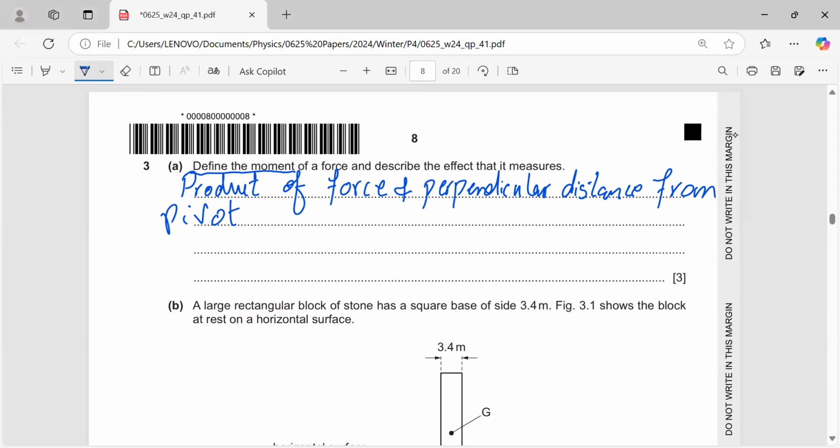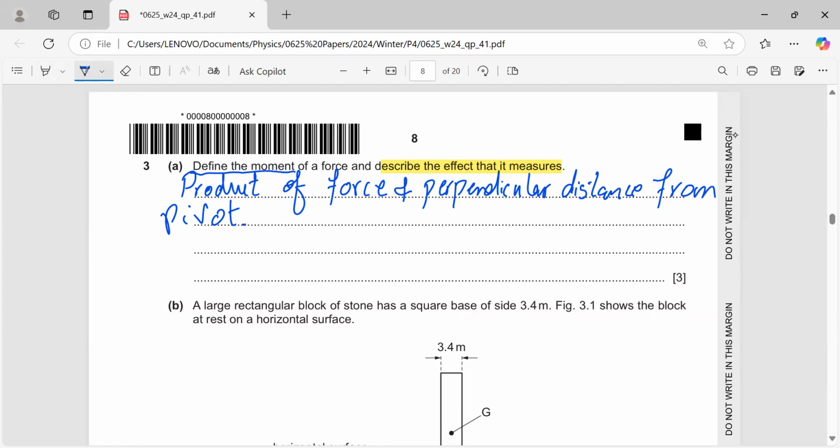So this is the definition of the moment of a force. And then in the next part, they are saying that you should describe the effect that it measures. So it actually measures the turning effect of a force.